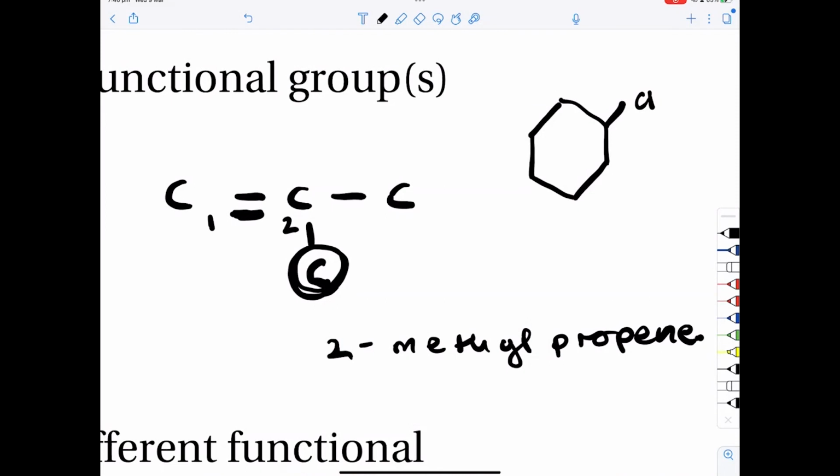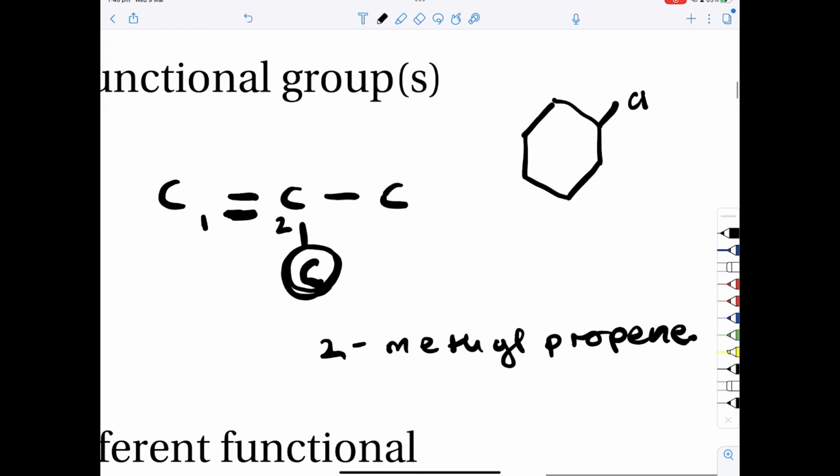Give it a sec. Okay, can you see the screen at the moment, guys? You should be able to.